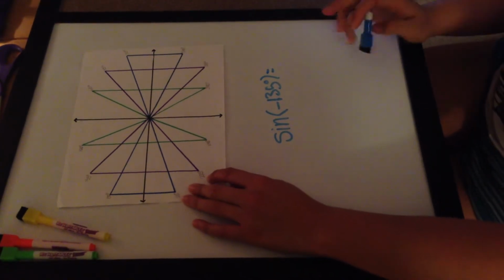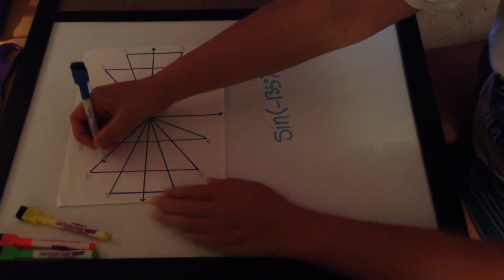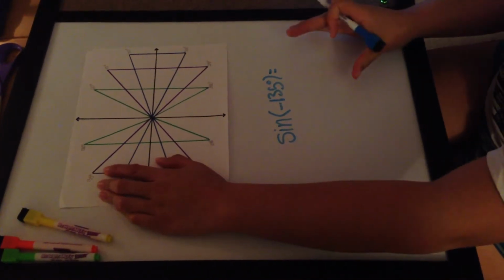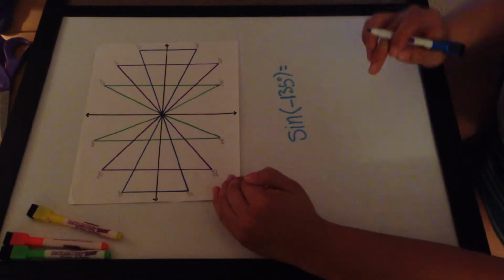So, to think about this, we will then think about the ratios that came with 135, but think about them in the third quadrant.